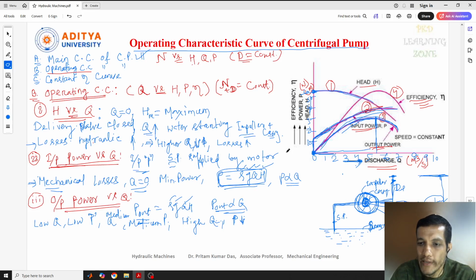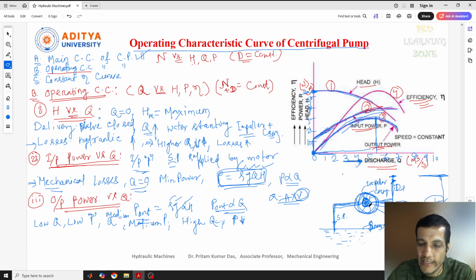When the liquid is flowing, high discharge means what? Discharge equals area into velocity, so velocity is associated with this. When you are talking about high discharge, velocity also increases.